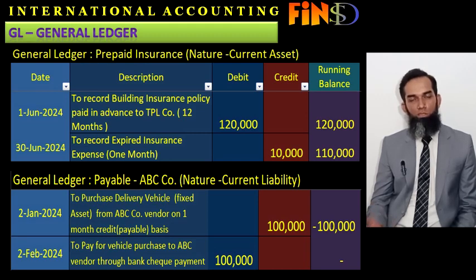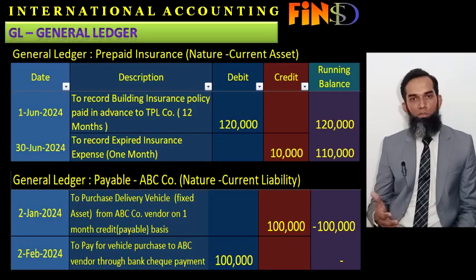So 1 month insurance expense was rupees 10,000, and after reducing 120,000 by 10,000, the remaining prepaid insurance would be expensed in the next financial year, from 1st July 2024. So that insurance would definitely be expensed in that relevant year. But now at 30 June 2024, the prepaid insurance as an asset is recorded on the balance sheet at rupees 110,000.